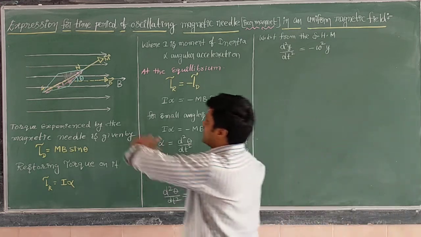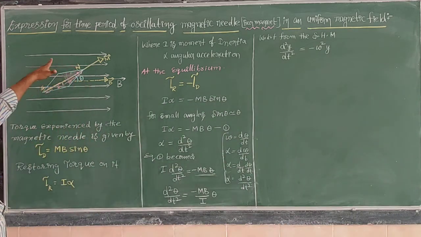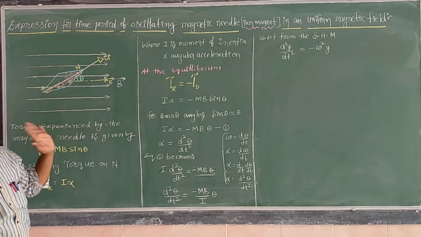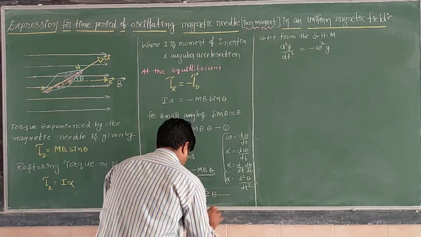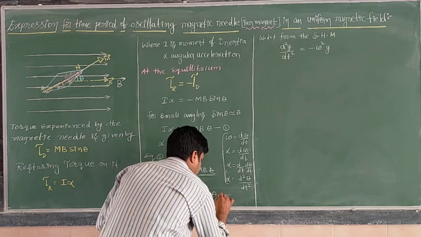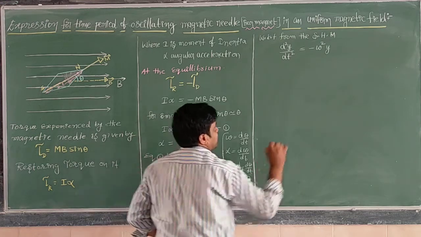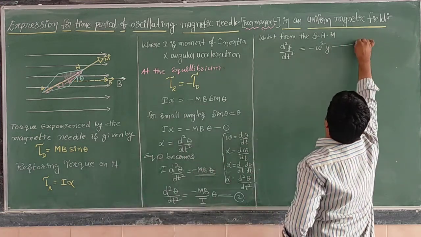Here also the magnetic needle oscillates like this in simple harmonic motion. Because of that we can compare these two equations. This one is equation number 2 and this one is equation number 3.